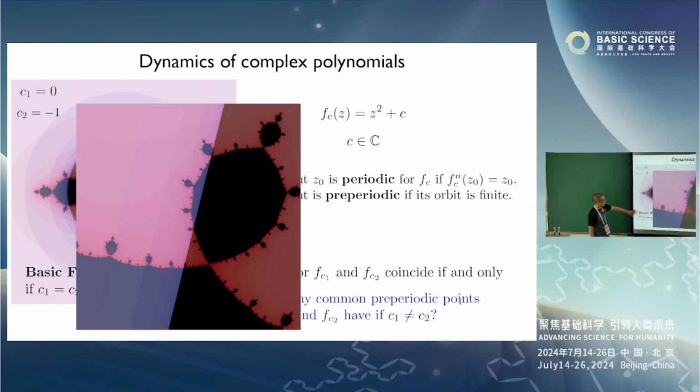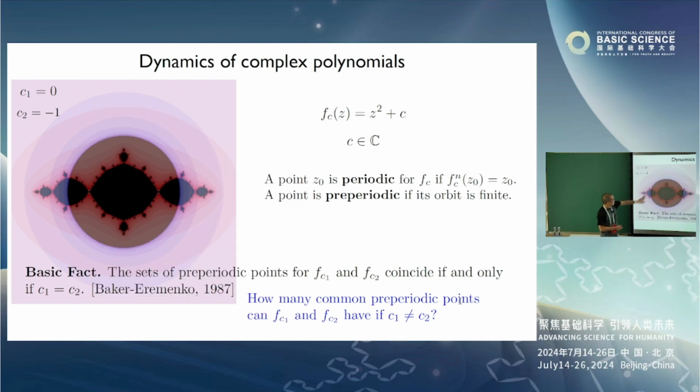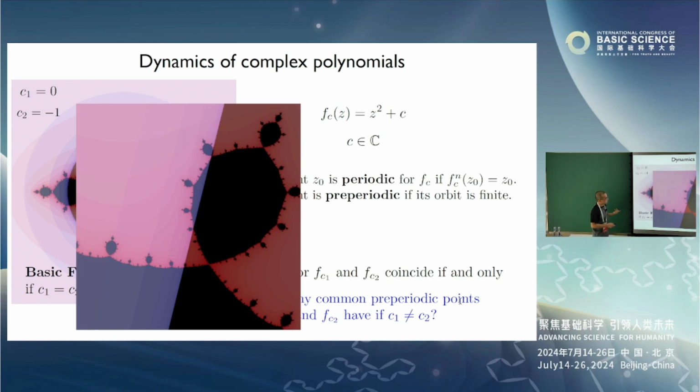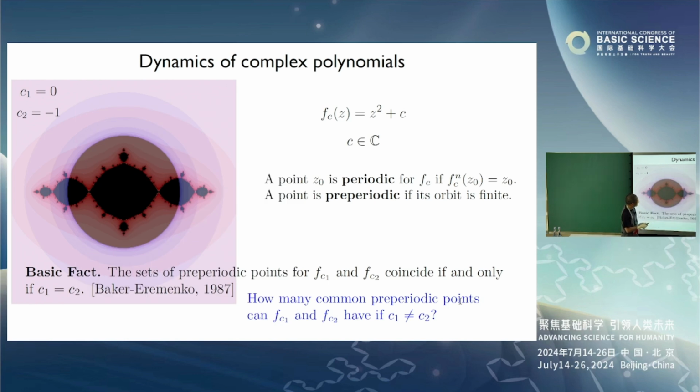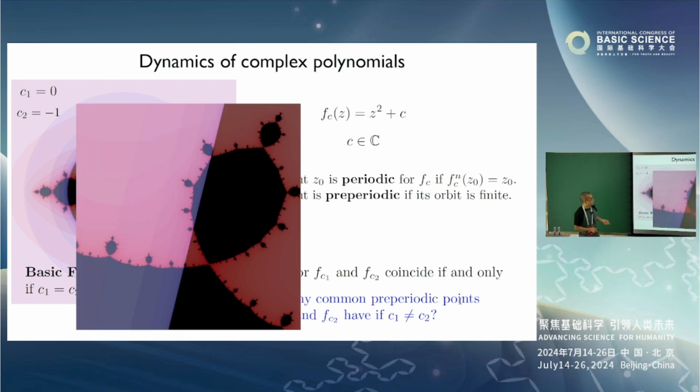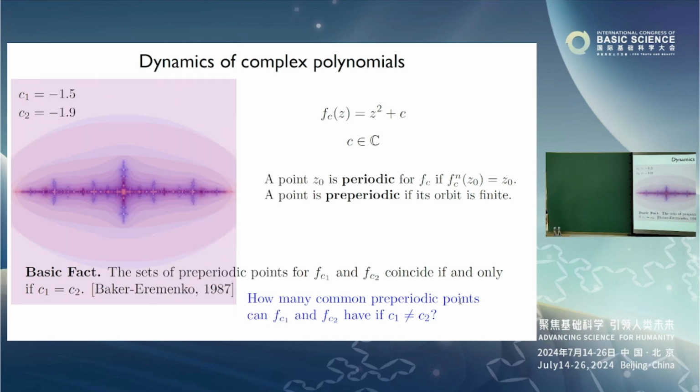So you see, this one corresponds to c equal to 0, and the other one corresponds to c equal to -1, and you will see that the Julia sets have lots of intersection. This is a zoom in, somewhere here. You can see lots of intersection here. You can imagine that there are lots of intersections for the Julia sets.